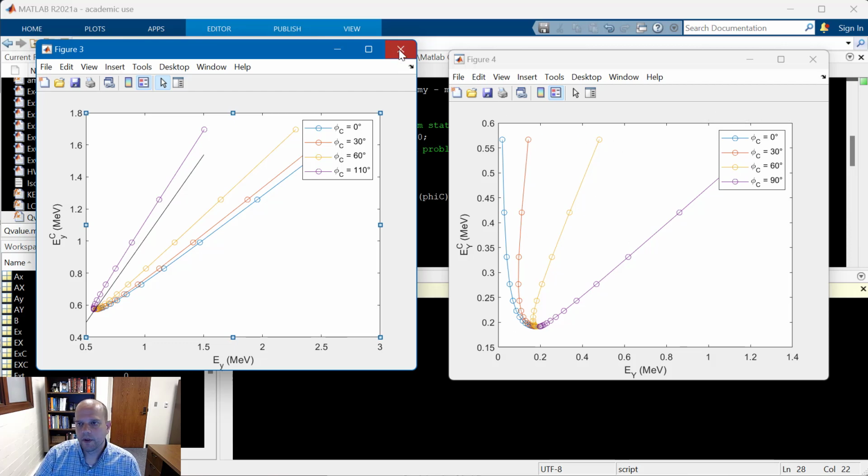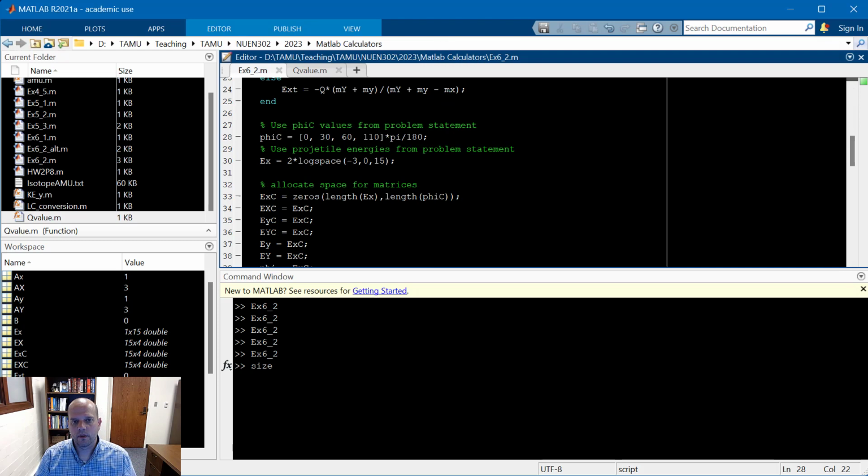But there's going to be an angle for capital Y compared to what the angle would be for lowercase y, the energy of my light and heavy products of the reaction, but there is going to be an angle where that crosses over from this one being larger than that one to the exact opposite.